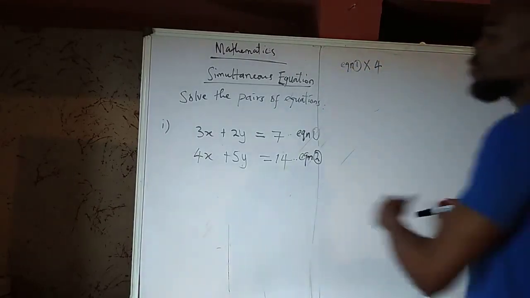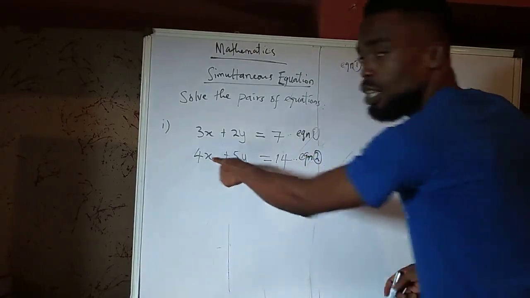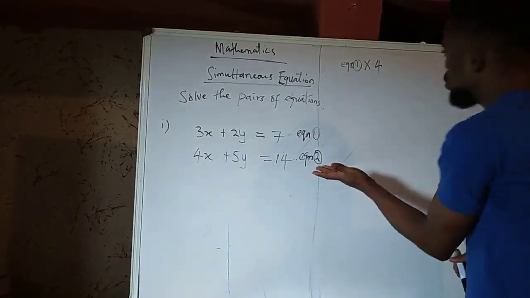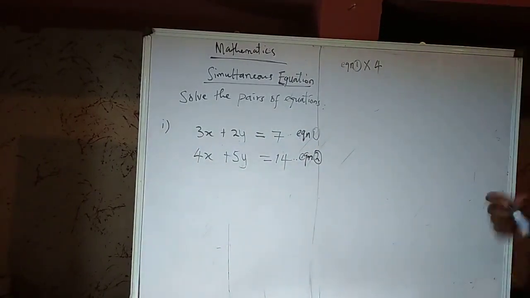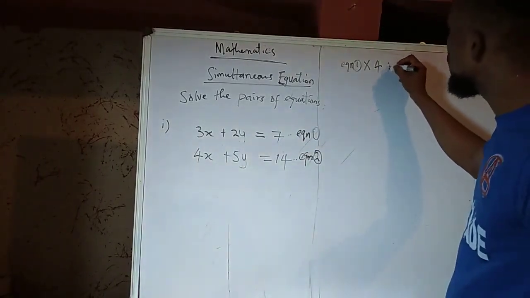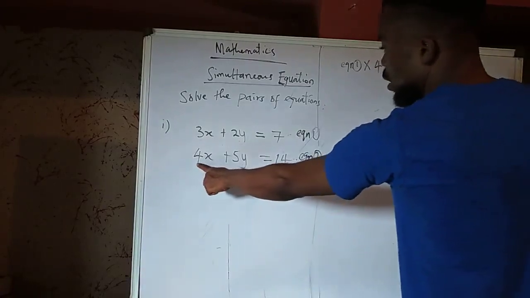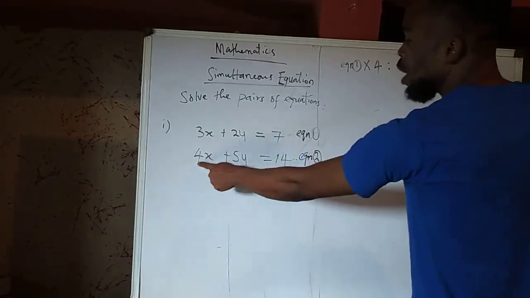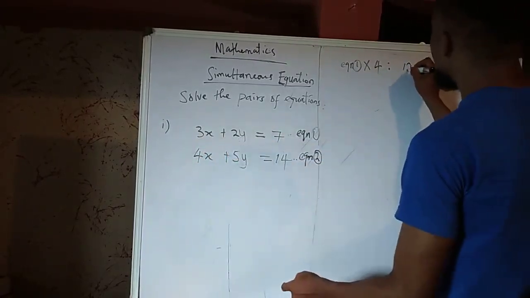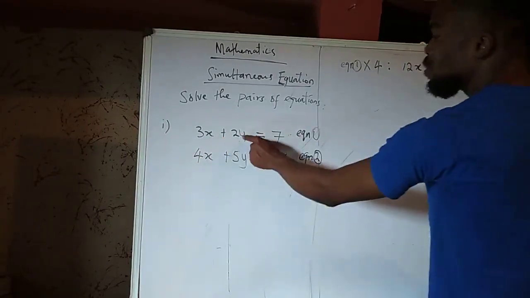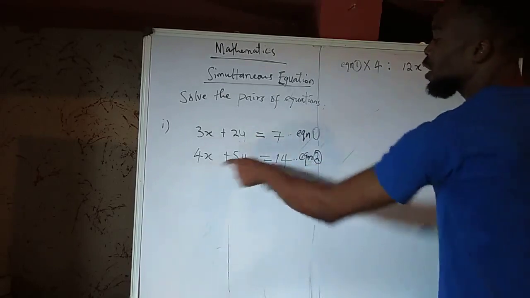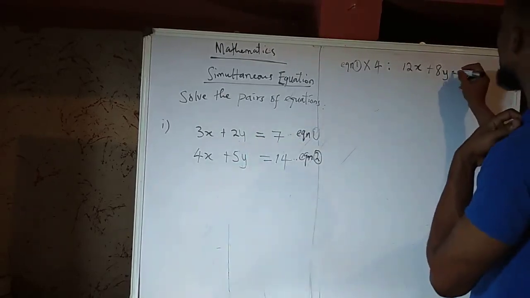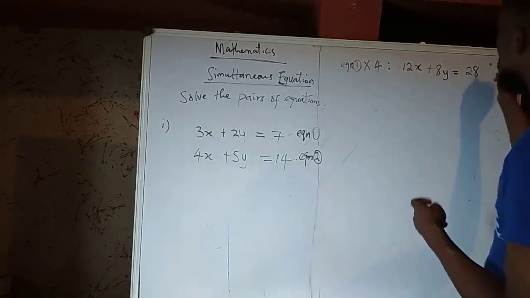I'm using the 4, which is the coefficient of x in equation 2, to multiply equation 1. So I'm going to have 4 times 3x to give me 12x, 4 times 2y to give me 8y, and 4 times 7 is going to give me 28.